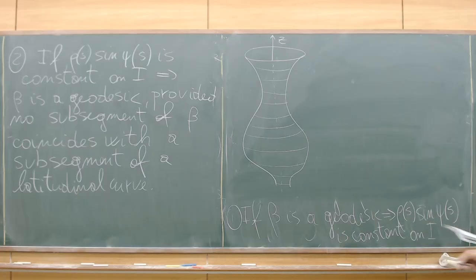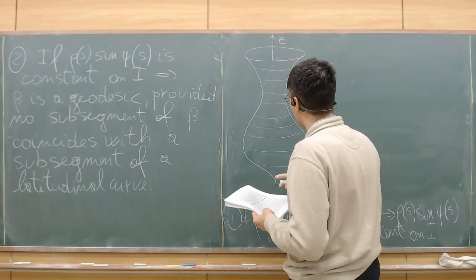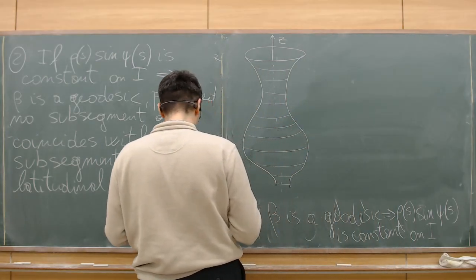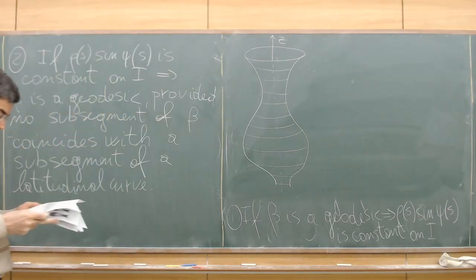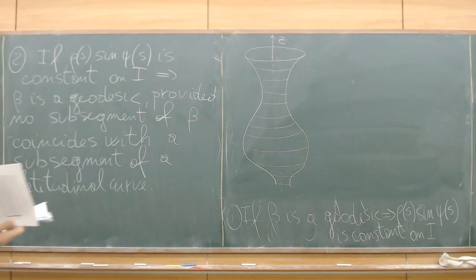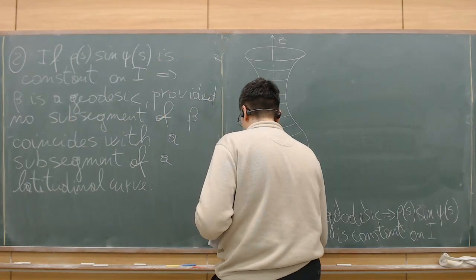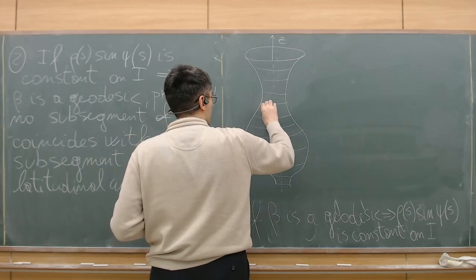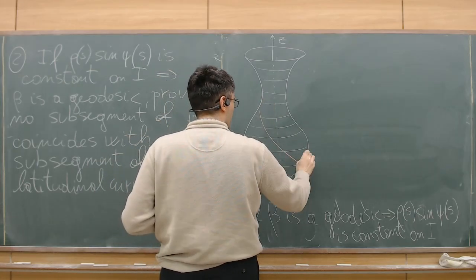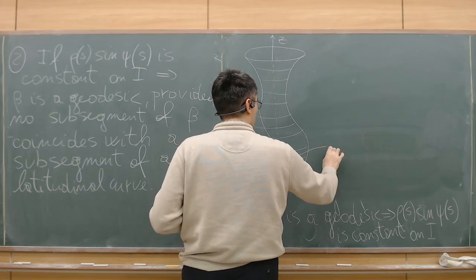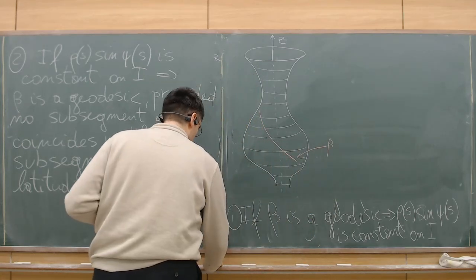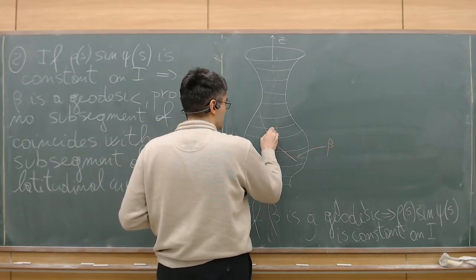Suppose that this is beta of s, the trace of beta. Let's fix this point.